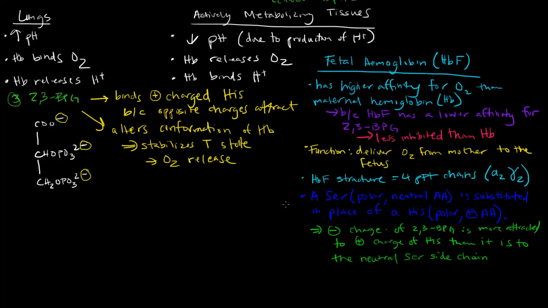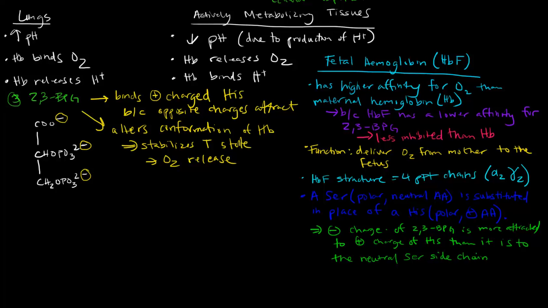So essentially 2,3-BPG cannot bind fetal hemoglobin as tightly as it can maternal hemoglobin, so fetal hemoglobin is not inhibited in the way that maternal hemoglobin is, so it has a higher affinity.